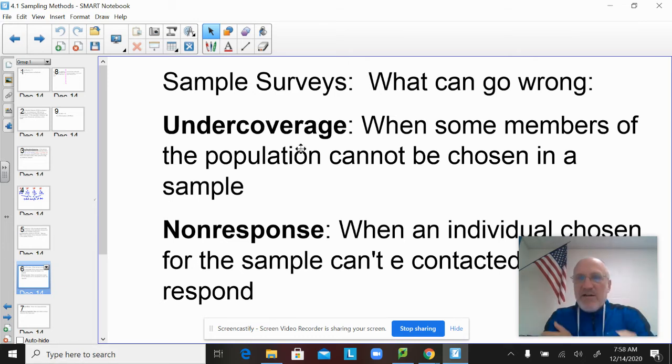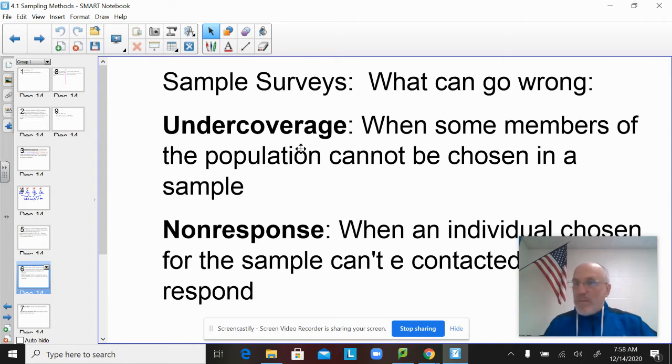That is, again, I got to list it here. That is when some members of the population cannot be chosen in a sample. If I want a sample of Cincinnatians, the question is, from what list am I choosing my sample? If it's a voter registration list, which is often used, not everyone's registered to vote.